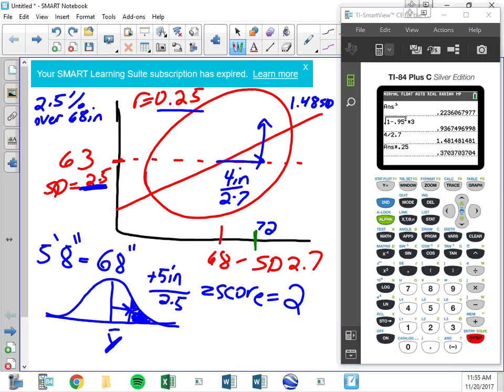And the SD is 2.5. So multiply this by 2.5. And I'm going to go up 1.9 inches. So that woman here is 63.9 inches. Well, no, that's the average. If a man is 72 inches, we would predict the woman being 63.9.